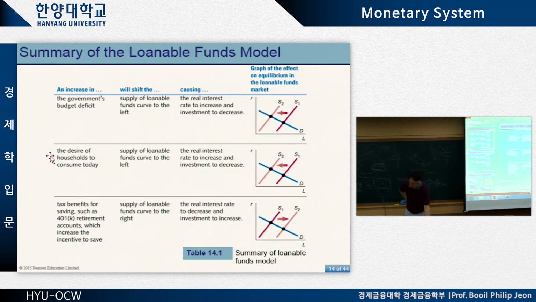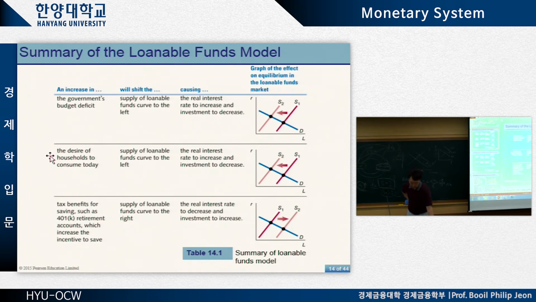Anyway, many times government gives benefits to saving, right? So when people save their money in their retirement account, you don't have to pay taxes on that portion of income.